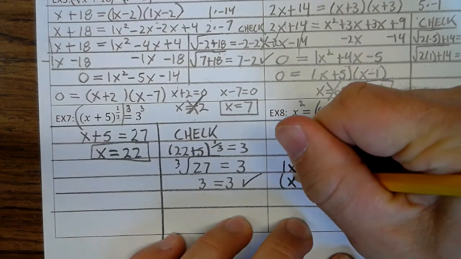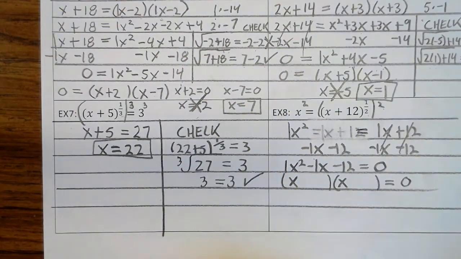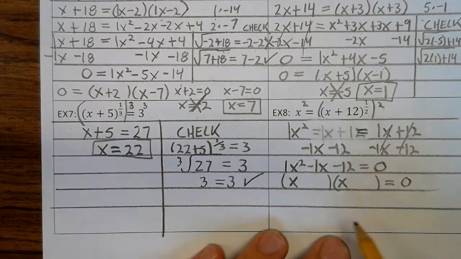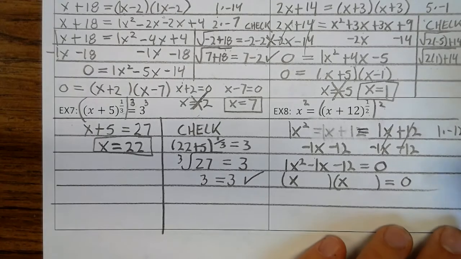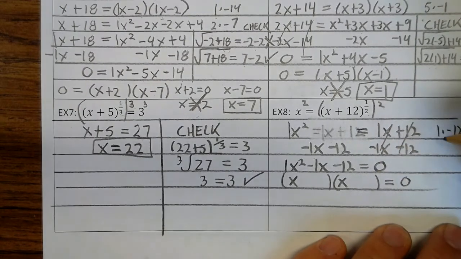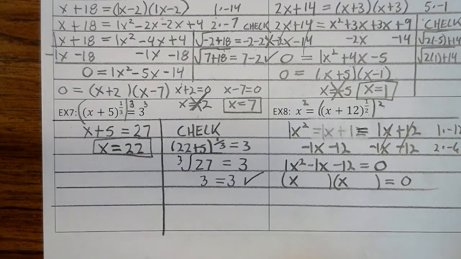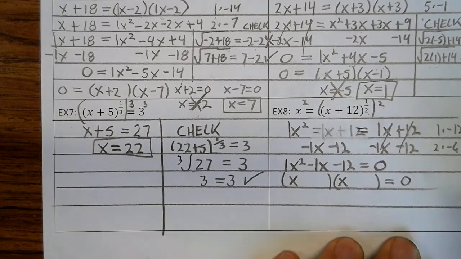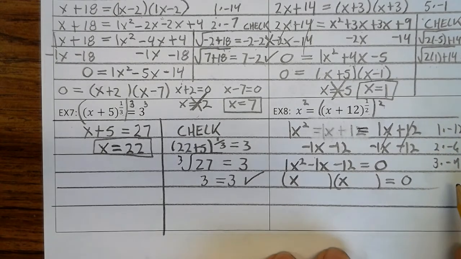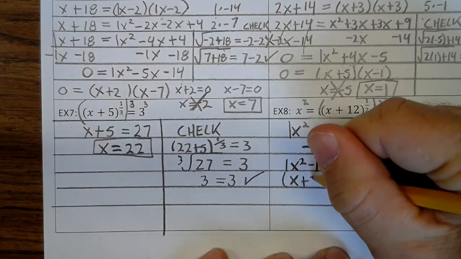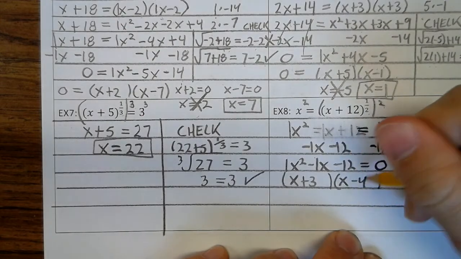We know x and x, and then we need to find the factors of negative 12. So 1 times negative 12, which gives us negative 11, doesn't work. 2 times negative 6 gives us negative 4, doesn't work. 3 times negative 4, which gives us negative 1. So we have x plus 3, x minus 4.